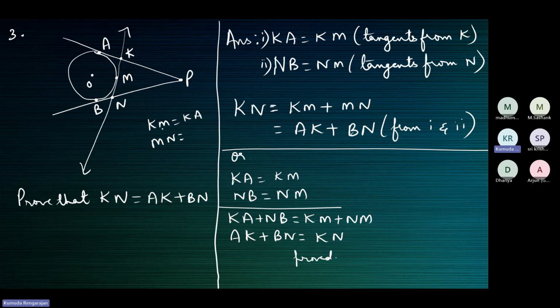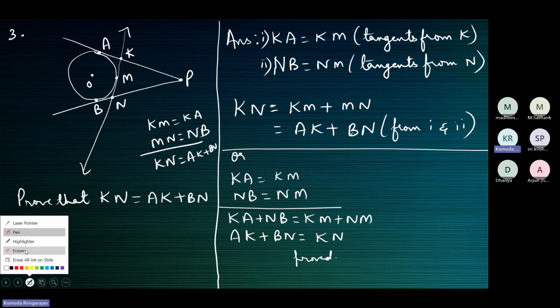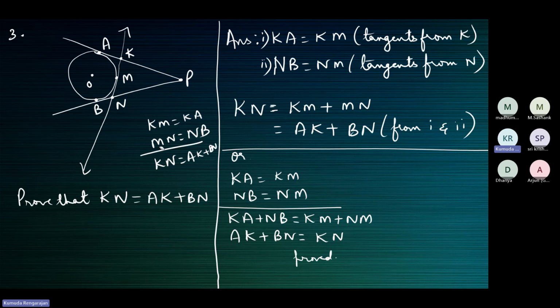So write the result for KM. KM is equal to KA. And then MN is equal to NB. Now add. So KM plus MN is KN equals KA plus NB, or AK plus BN. So you can write the two results, one below the other, carefully, and add the two results.